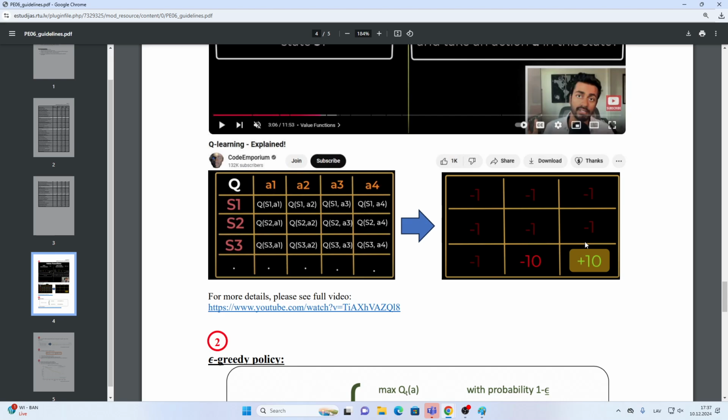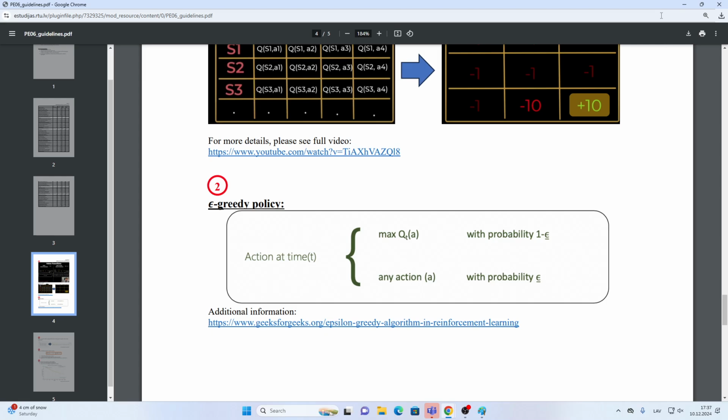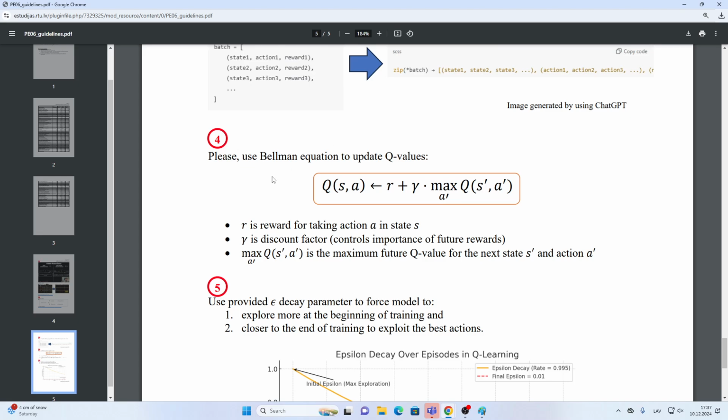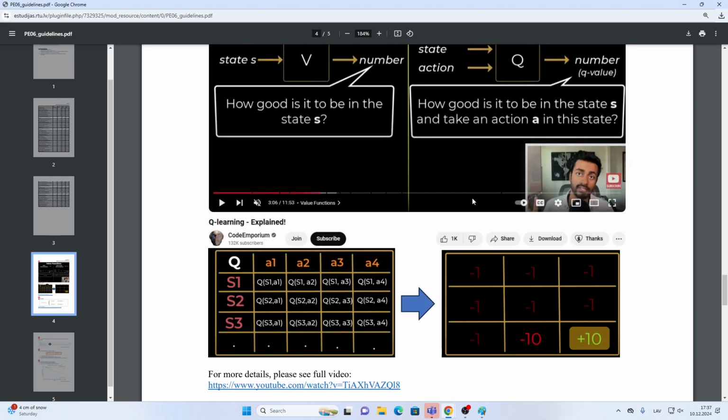Okay, with that in mind, what we need to apply is something called a Bellman equation algorithm to say, okay, I'm right now at the state 1, but after I take an action, I'm going to get to another state, which can be state 1, state 2, or state 3.